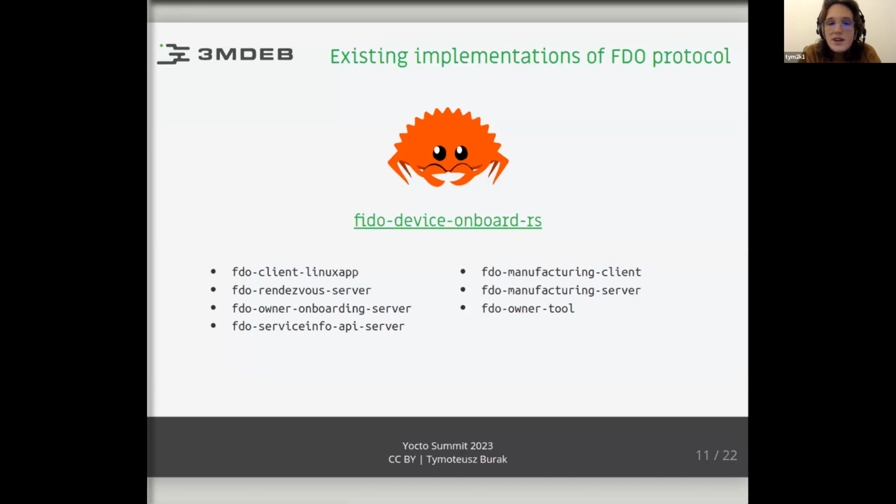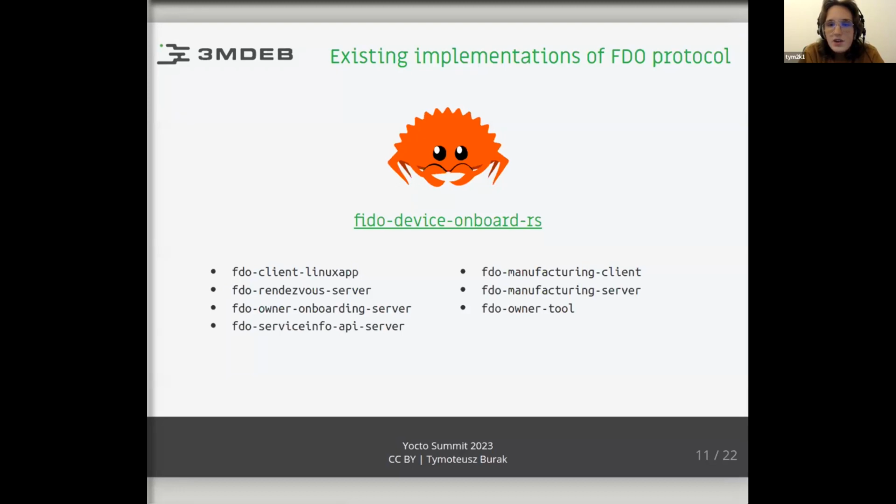So the FDO client crate is the one that we had to cross-compile within Yocto to the end architecture, because it's responsible for the client side operations. The other ones can run on the server, so there were no problems with running them on the machines.